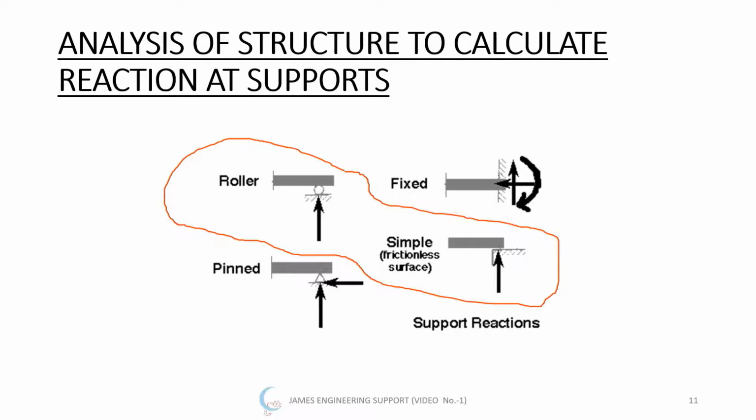Next is a fixed support. It is capable of taking vertical and horizontal force, and it will also take the moment. For a fixed support, you can see the chajja at your window or door, which is outside so that rainwater will not enter your window. That is a case of a fixed support.